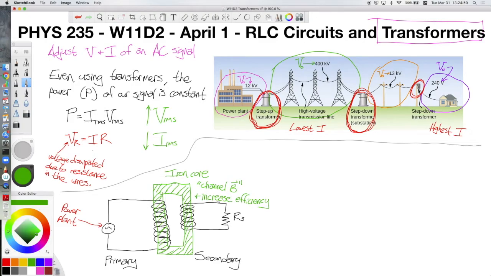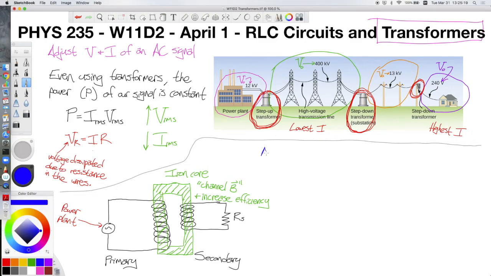So more of the magnetic field generated by the primary coil will pass through the secondary coil, which means the largest induced EMF possible in the secondary coil. So there are a couple things you'll want to note about any given transformer.